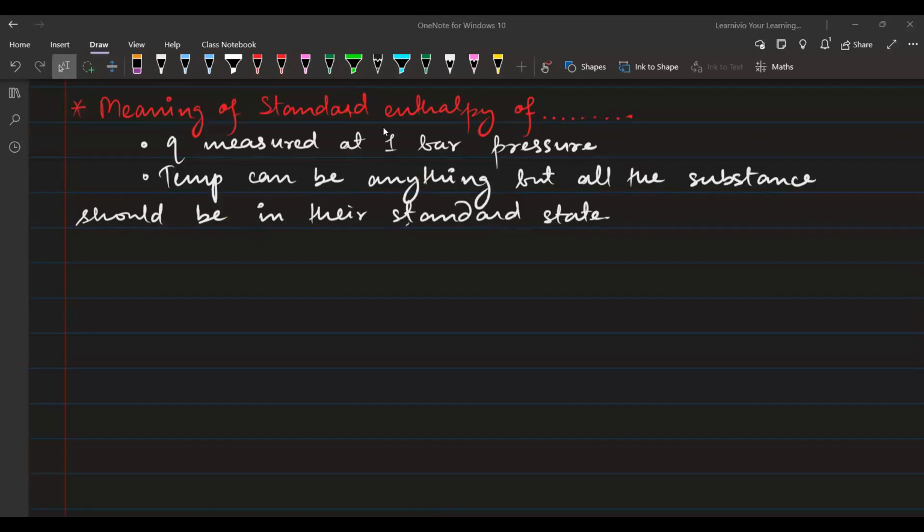For example, we have water, है ना? If I take the temperature to be 298 Kelvin, then tell me this water will be in solid, liquid or gas at 298 Kelvin? 298 Kelvin, by the way, it is 25 degrees Celsius, so water will be in solid, liquid or gas? Liquid.